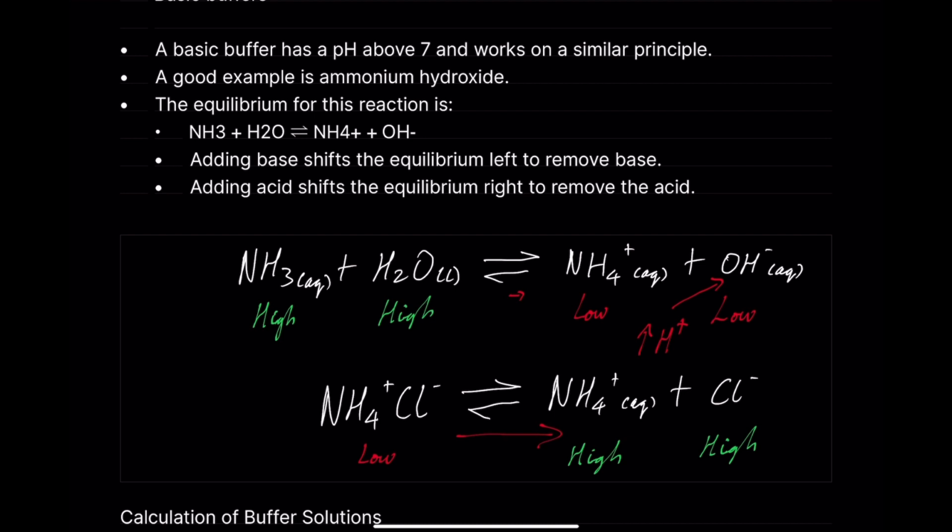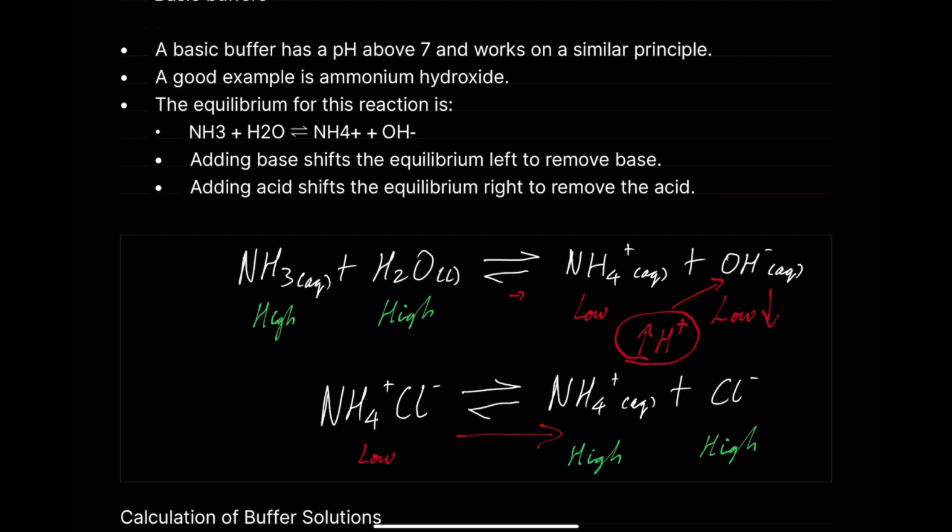Now, to counter this, what the buffer does is the acid will react with the hydroxide ions in solution, right? And as it does so, it will use up the concentration of H plus as it's reacting with the hydroxide ions. But in doing so, we're also decreasing our concentration of OH minus in solution even further than it originally is.